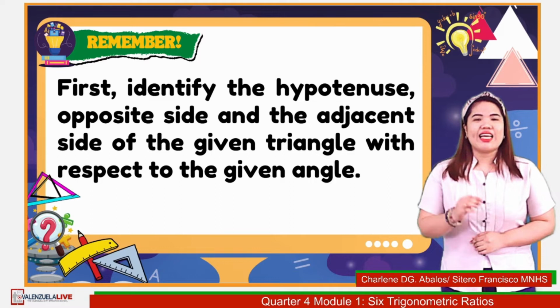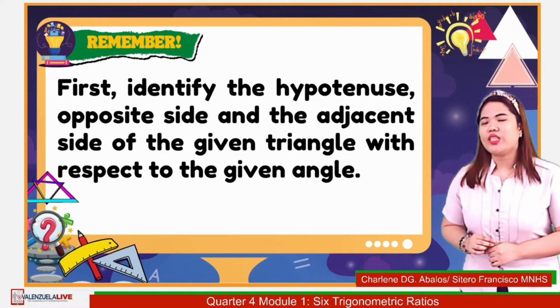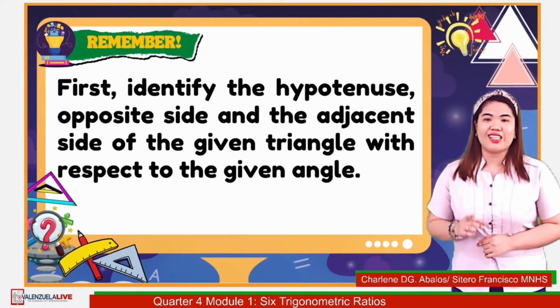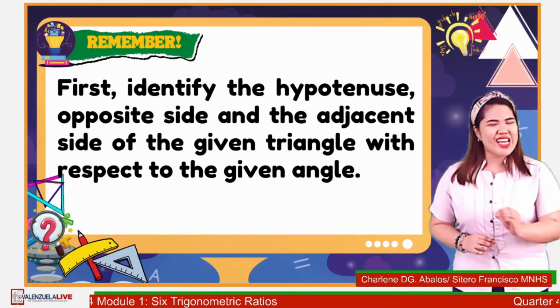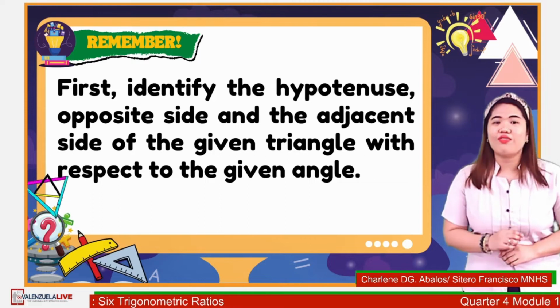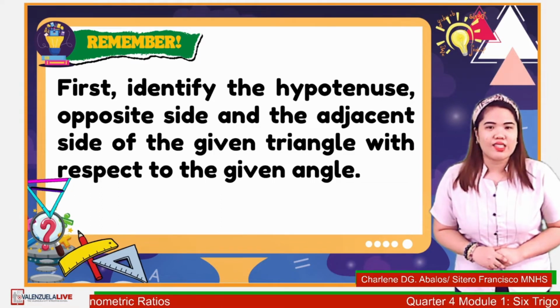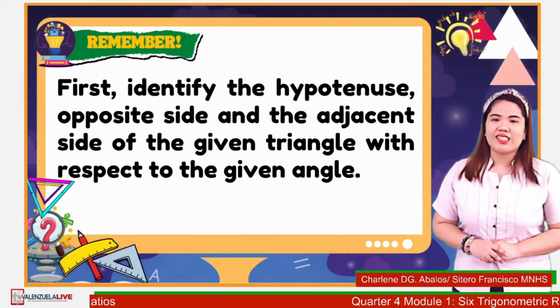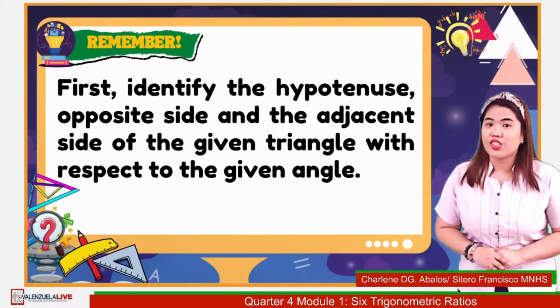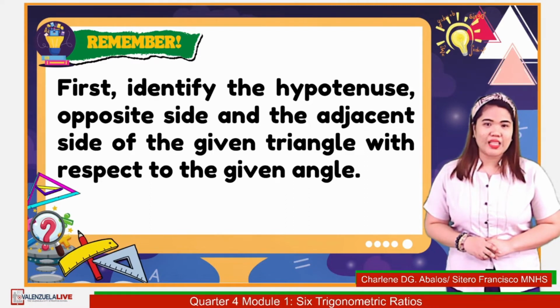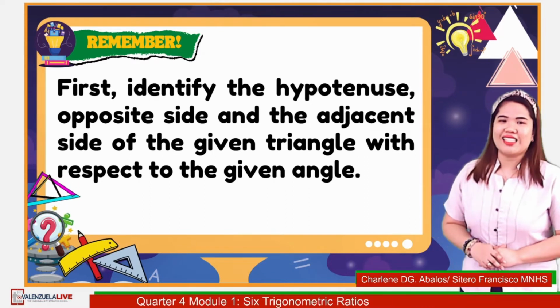Alright. Given that we have triangle HOT, let's now discuss the 6 trigonometric ratios. Always remember that you need to identify the lengths of the hypotenuse, opposite side, and the adjacent side of the given triangle for you to get the trigonometric ratios correctly. Let's start with the sine.